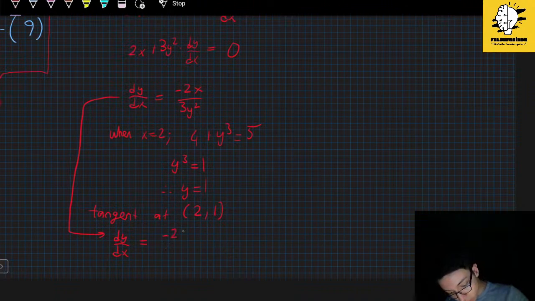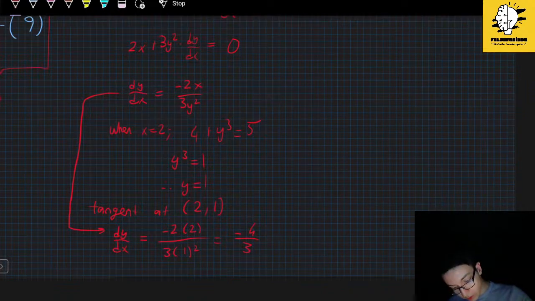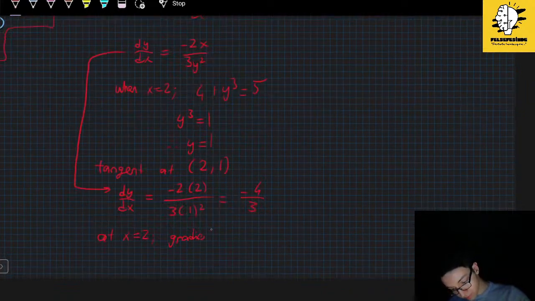It is negative 2 times 2 over 3 times 1 squared, which is minus 4 over 3. Therefore, at x is equal to 2, the gradient of the tangent is negative 4 over 3.